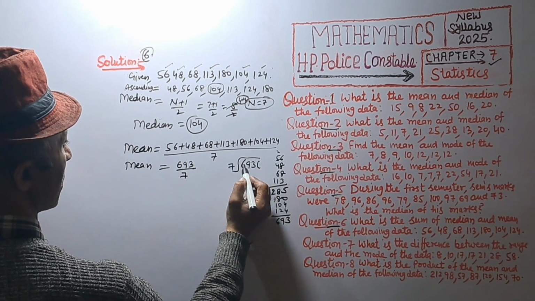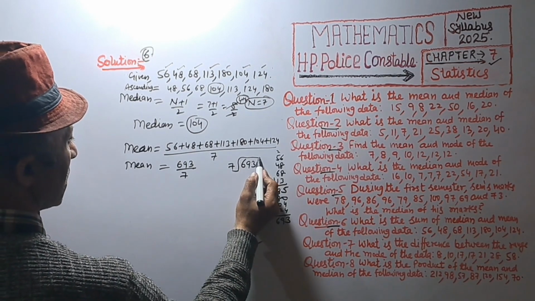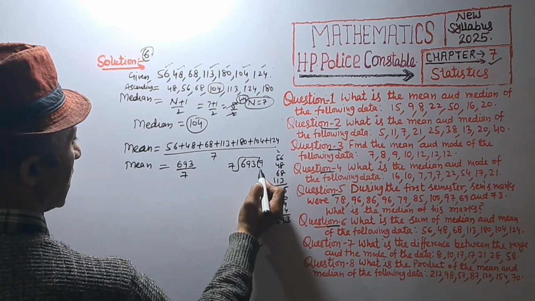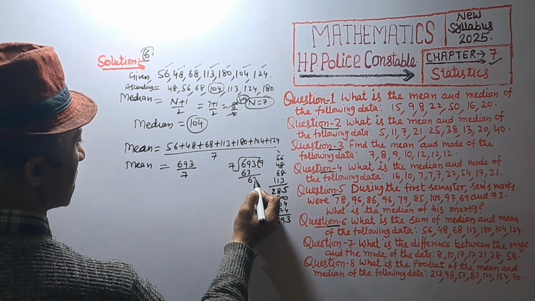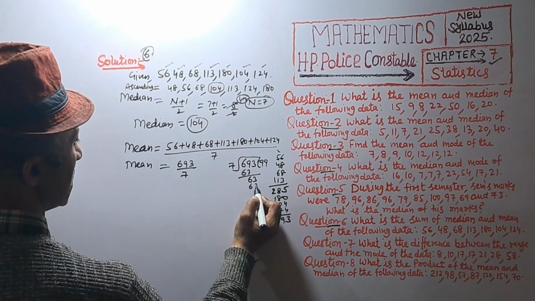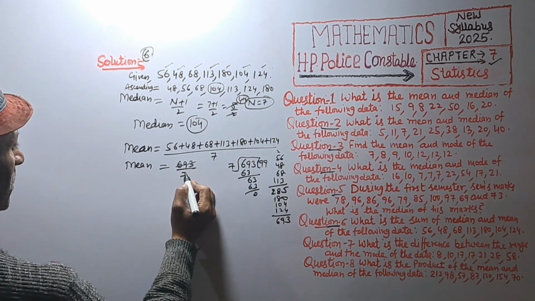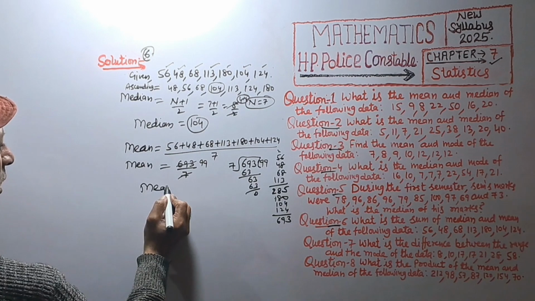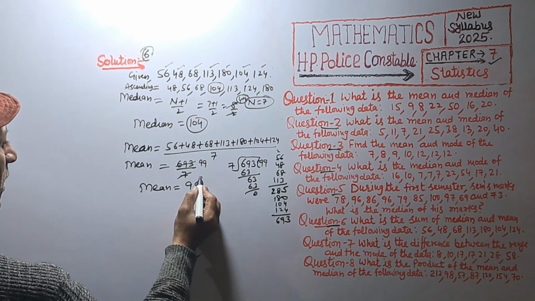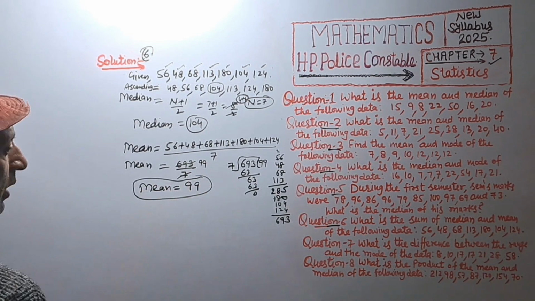693 divided by 7. 7 9s are 63. So it is divisible by 7, mean equal to 99.